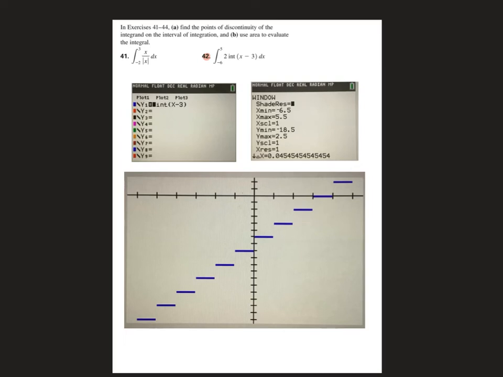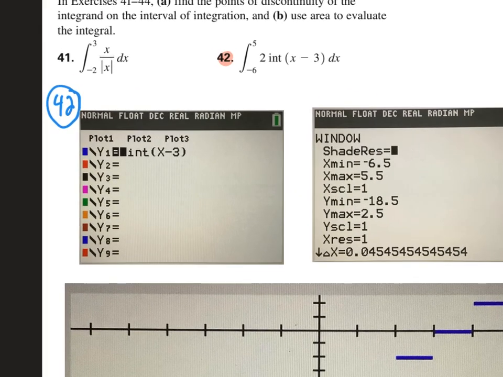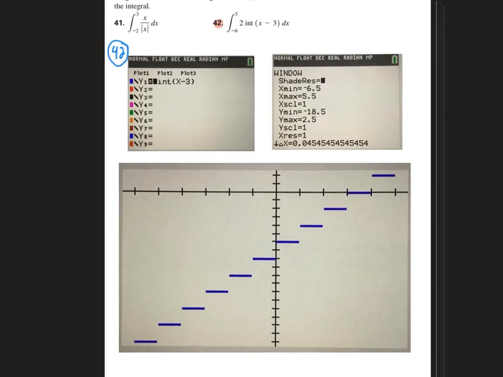Okay, for number 42, I decided to at least graph it in the calculator, just for practice. This blank when I took the picture, that should be at 2 there. And so I just graphed that function, and this is the window I used, and this is the graph we got.